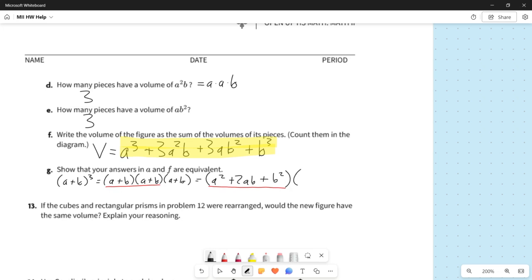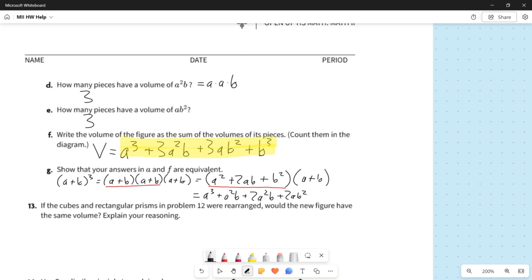All right, so that is that. But then I still have the other A plus B to deal with. So let's go ahead and do this. If I distribute here, I get A cubed. Then I have A squared times B. Then I have 2AB times A, so I have 2A squared B. Then I have 2AB times B, giving me 2AB squared.